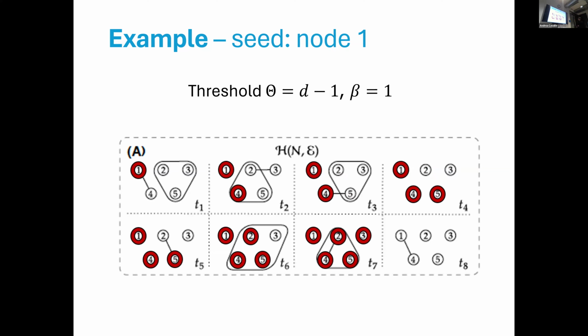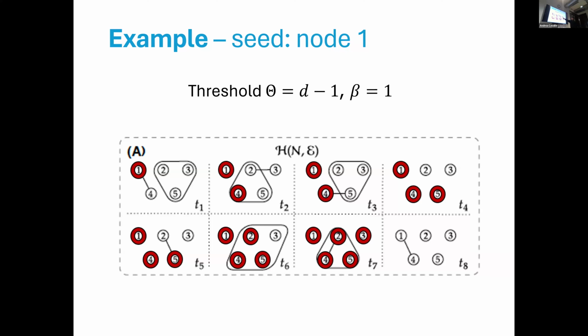Now consider a larger threshold, where we set it to d-1, which means the threshold equals the size of the hyperlink minus 1. What does it mean? For example, at timestamp t2, only node 4 is infected in this order 3 hyperlink, but an order 3 hyperlink requires 2 infected nodes to infect the other susceptible nodes.